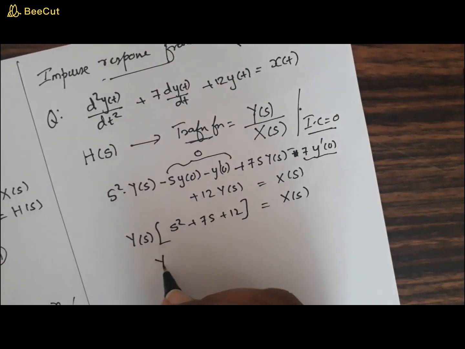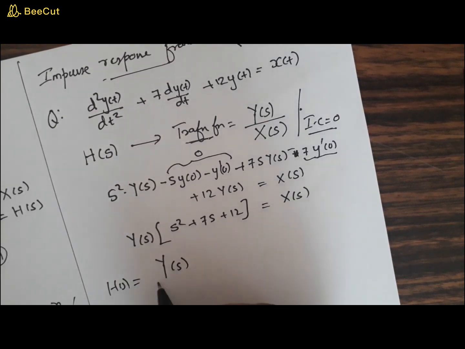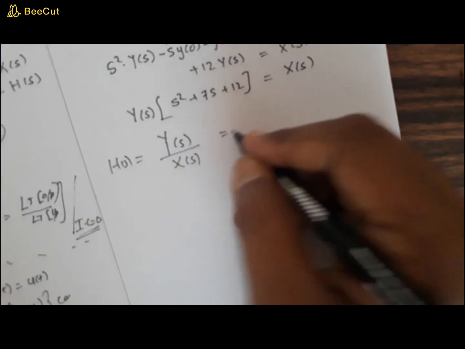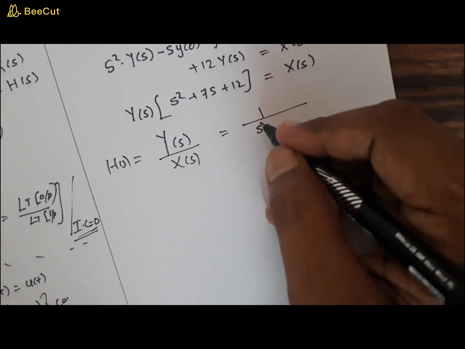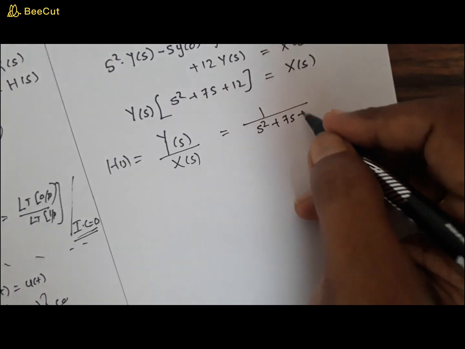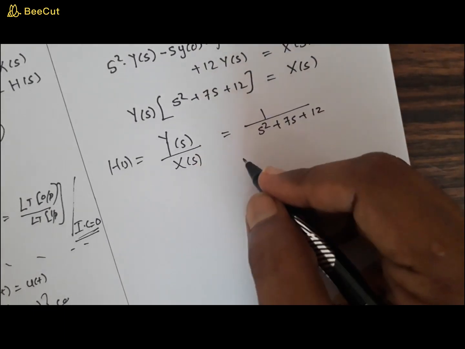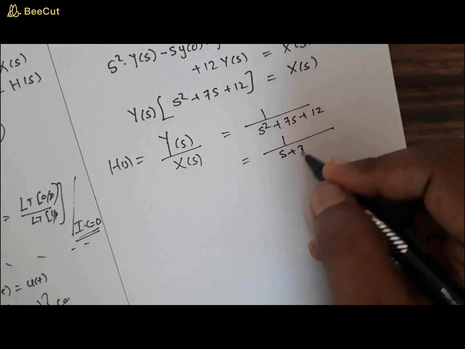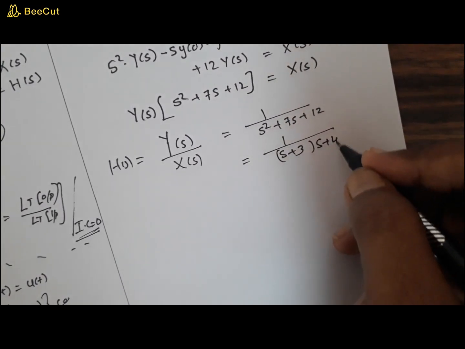Now what is your H of s? H of s is equal to Y of s divided by X of s, which is equal to 1 by s square plus 7s plus 12, or this is equal to 1 by (s plus 3) into (s plus 4), right?